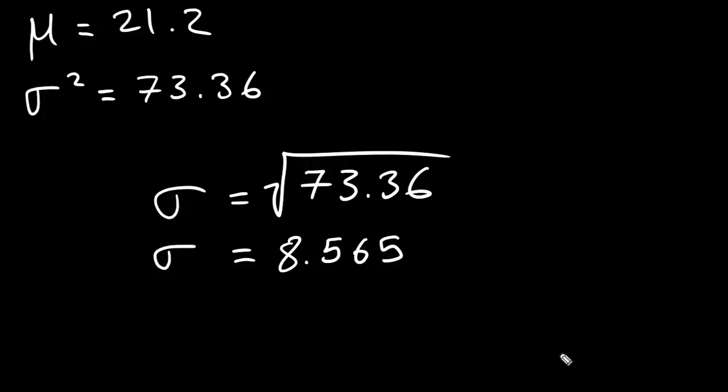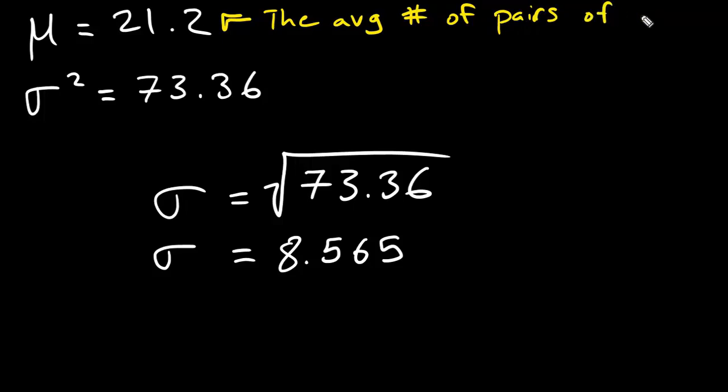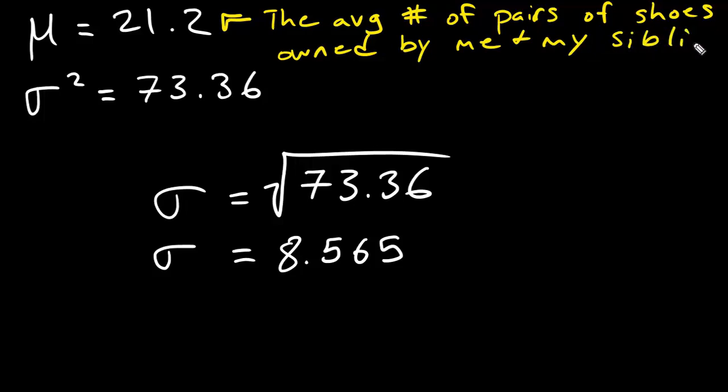All right, so looking at this information, we see we've got our mean, right? So the average number of pairs of shoes owned by me and my siblings is 21.2 pairs of shoes.